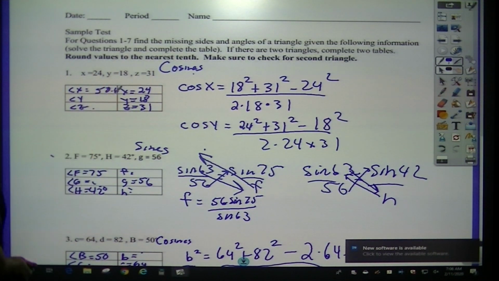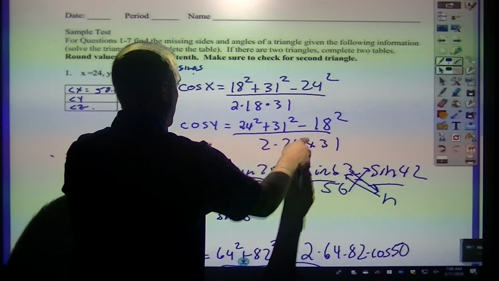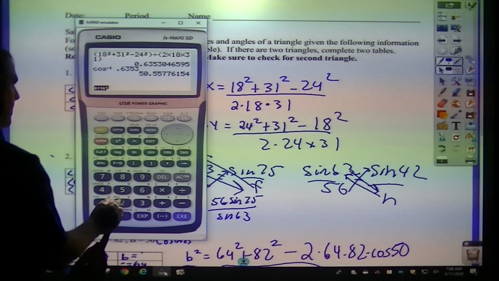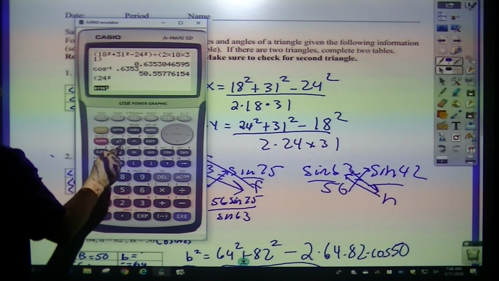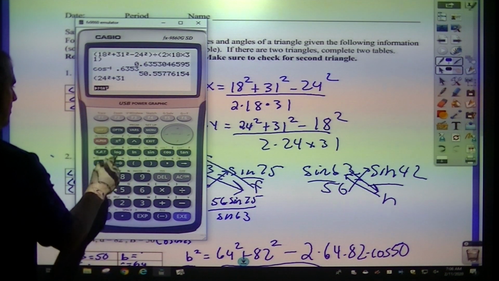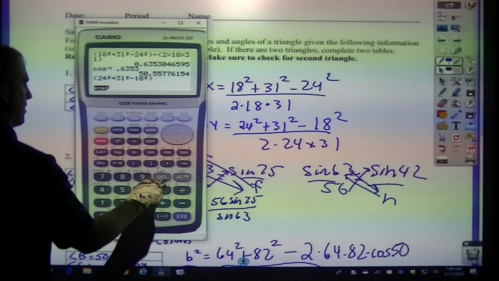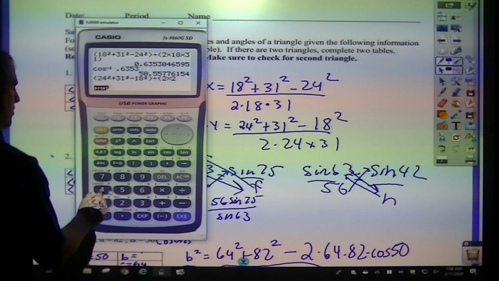Or 50.6 degrees. Then I do the same thing for y. So now the y amount will go there. So 24 squared plus 31 squared minus 18 squared, divided by 2 times 24 times 31.